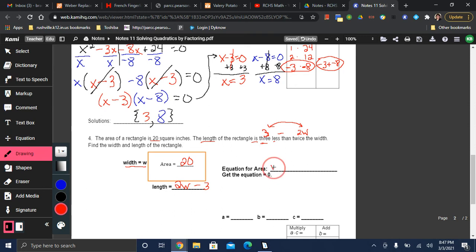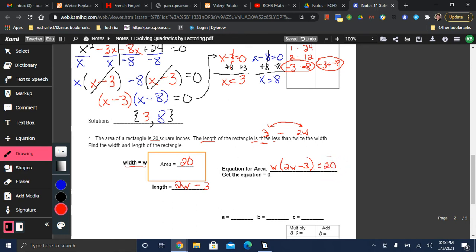So the width, W, times the length, which I'm going to put in parentheses, 2W minus 3, equals the area, which is 20.